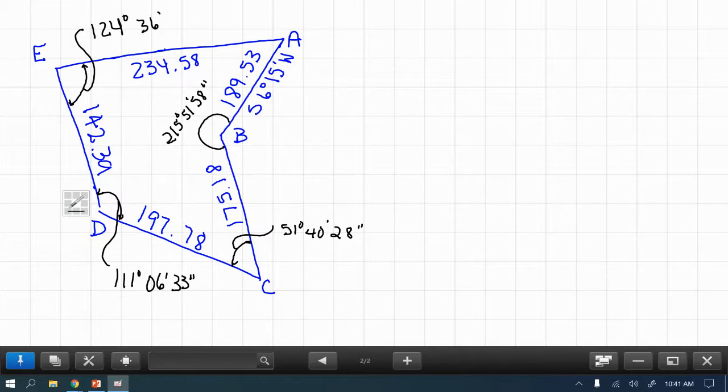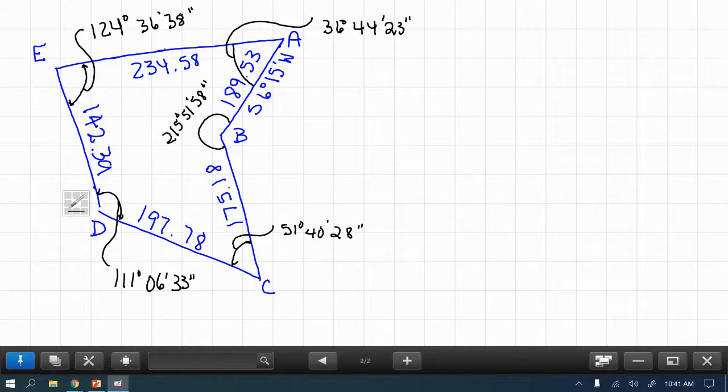So this is going to be a recap of what was on the test. I got all the angles written right, the corrected ones: 36, 215, 51, 40, 28, 111.